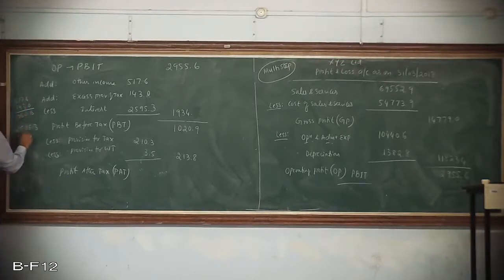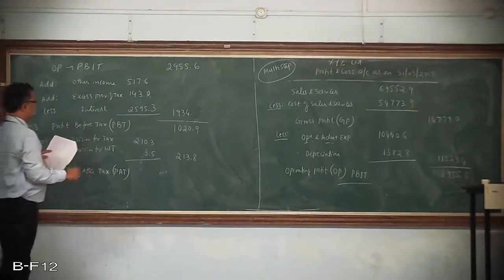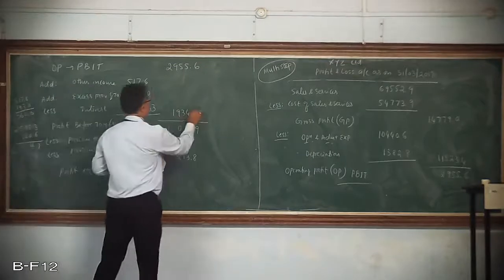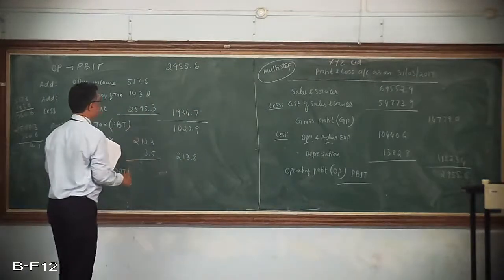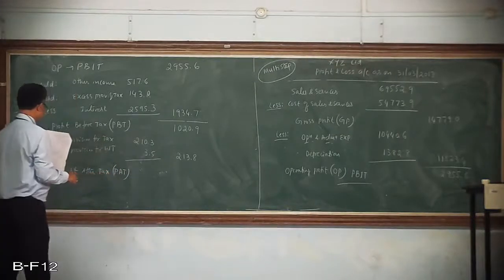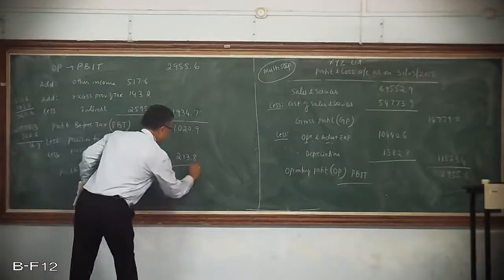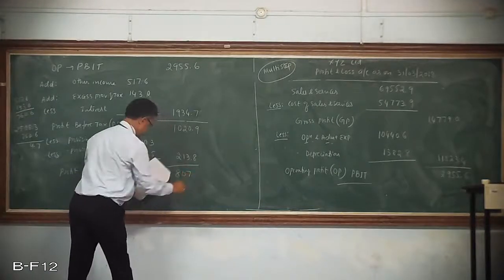Subtract this one, 760.6. So profit after tax becomes 807.4.